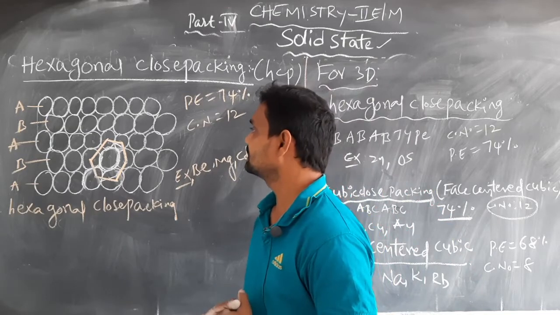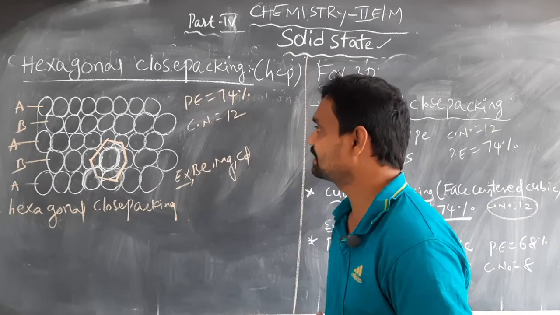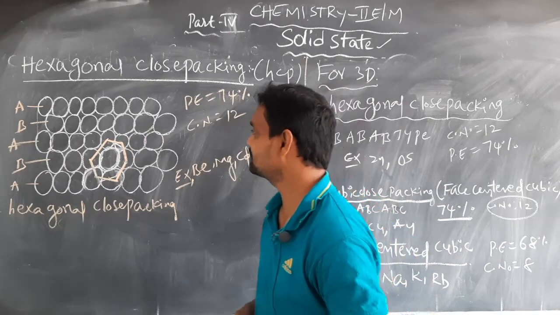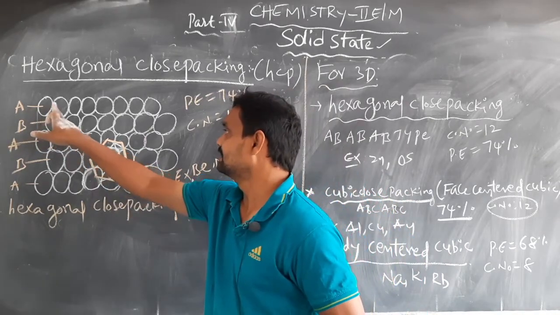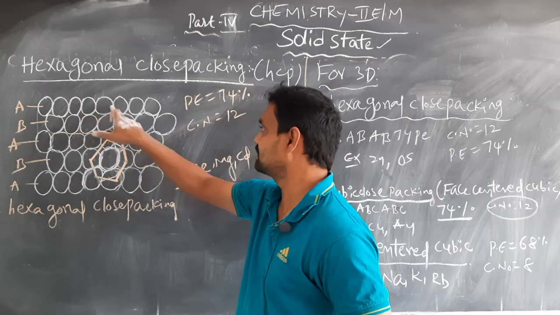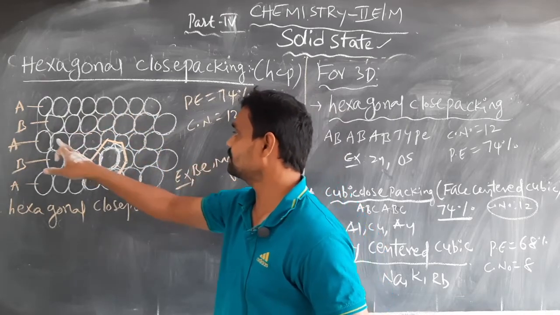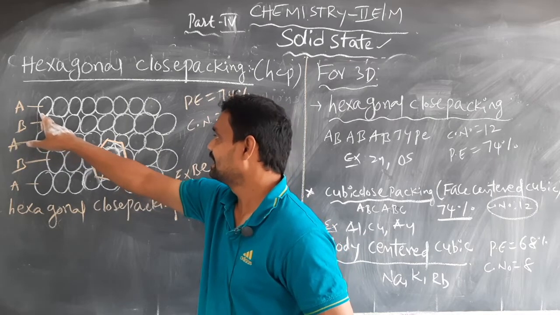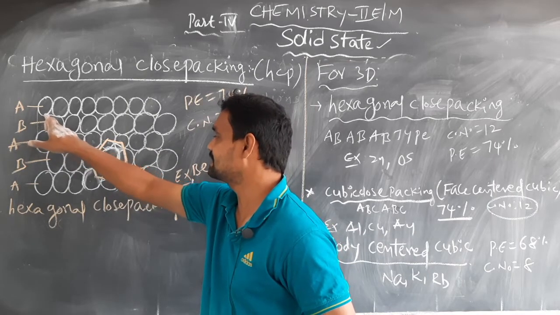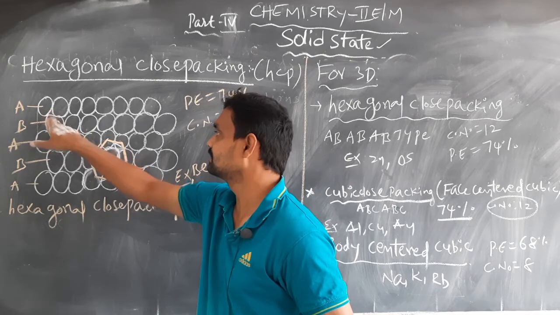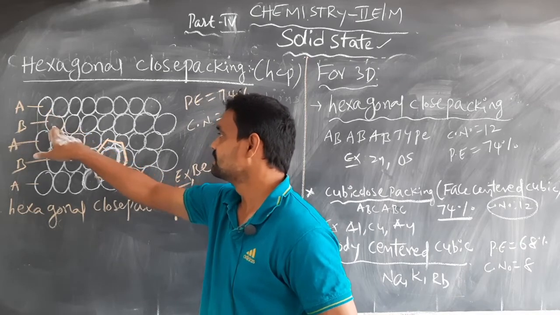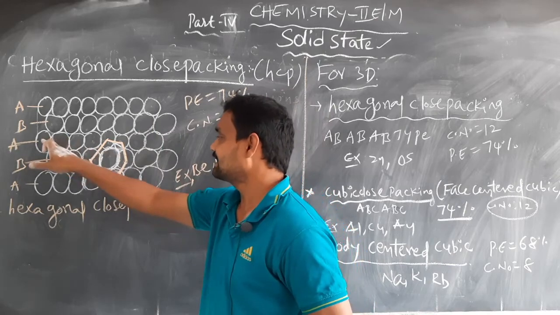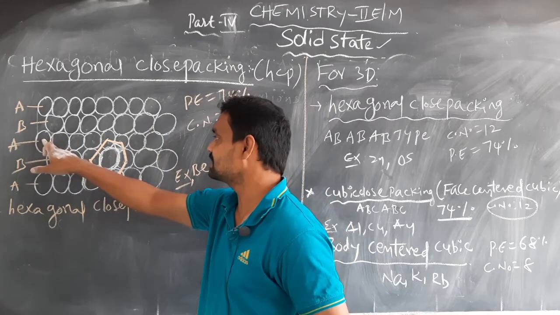So here, in close packing in solids, the atoms can be arranged in this way. Students, clearly observe. This is one arrangement of atoms, and the next row has a different arrangement. Observe clearly: the atoms here are not the same.